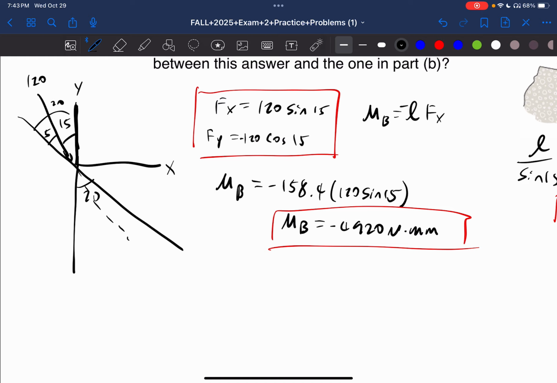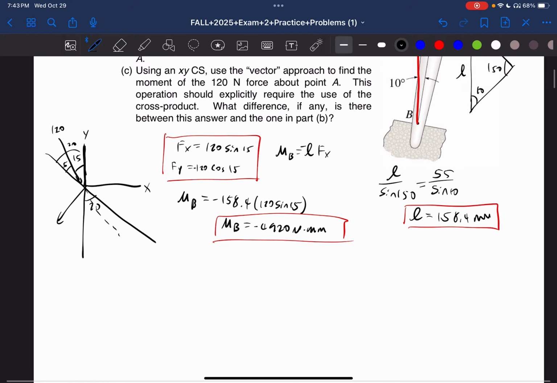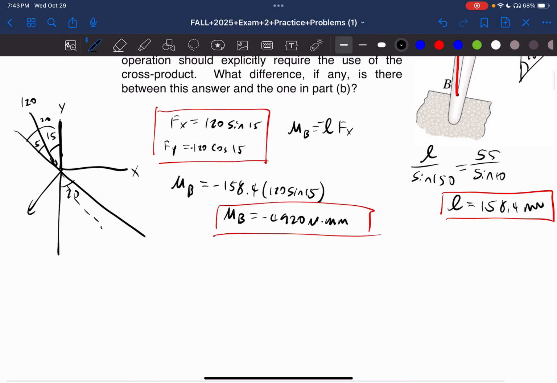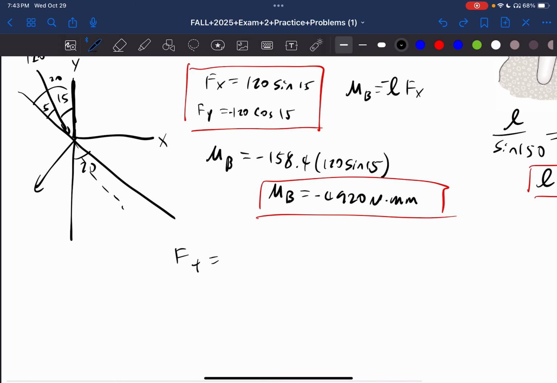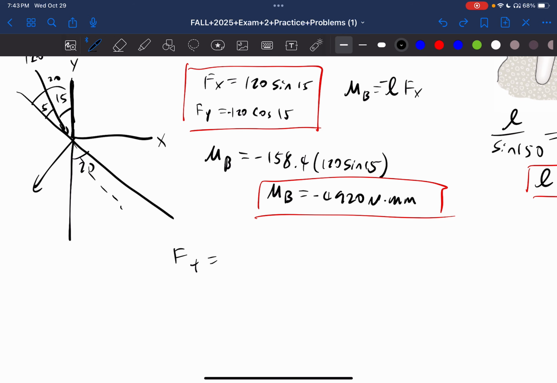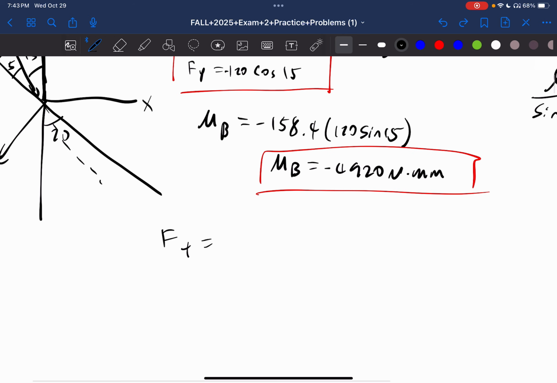And then our normal will be like this. So if we write it out, force tangential is going to be in the negative direction because this arrow is going down. So it's going to be in line with this arrow, which is going down. So it's going to be negative.